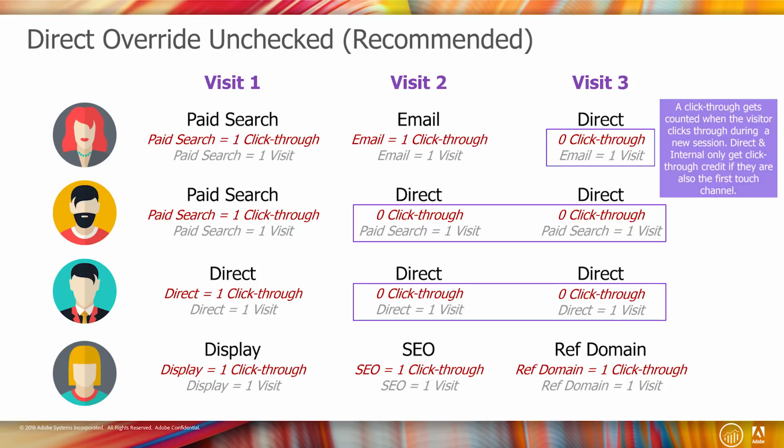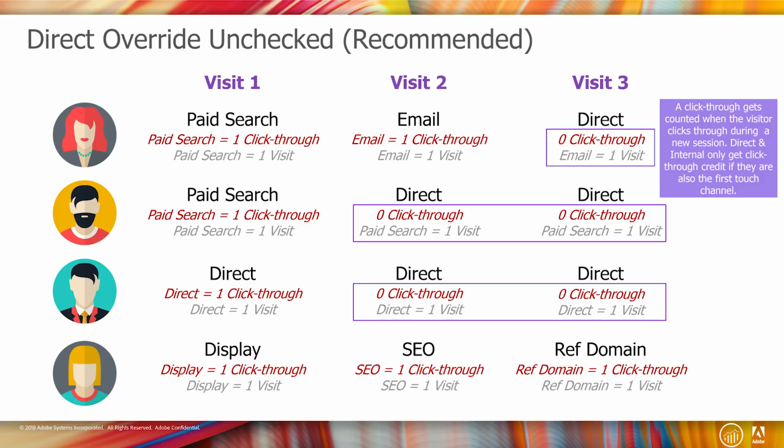So that in this first world where direct override is unchecked, which is recommended, that first visitor that you see there with the red hair, when she visits on the 3rd visit and perhaps creates some revenue there, that revenue, instead of being attributed back to direct or that click-through, would be attributed back to email, since email is set to override direct, because the override is not checked.